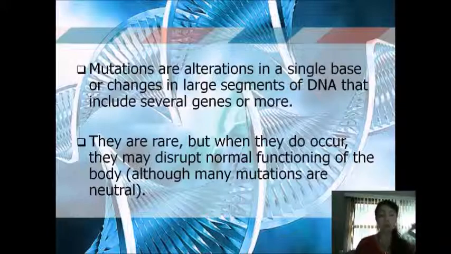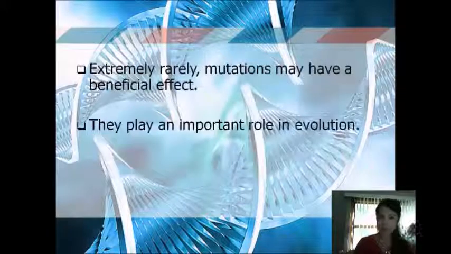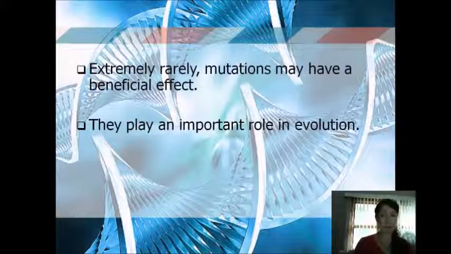So they are something that happens rarely, but as it says, most mutations are neutral. So if you change that one base pair, you're not going to have a big problem. But because they are extremely rare, sometimes, once in a while, we get mutations that have a beneficial effect.